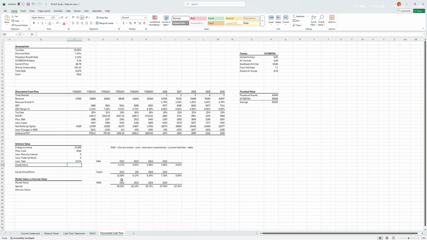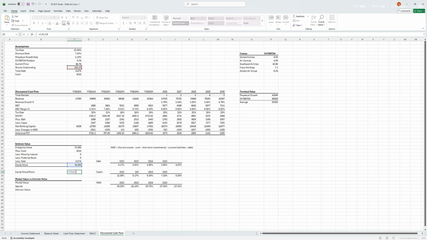So then in this scenario, we're just going to do equals enterprise value plus cash minus debt. And that is going to be our equity value of the company. We are then going to divide the equity value by shares. So we're just going to do equals our equity value divided by how many shares.